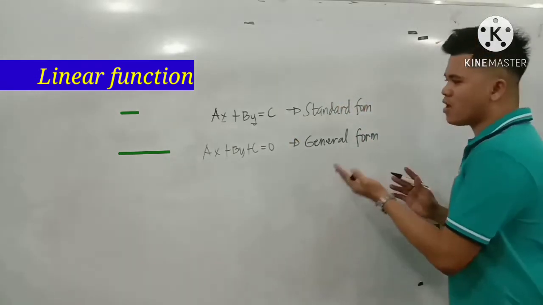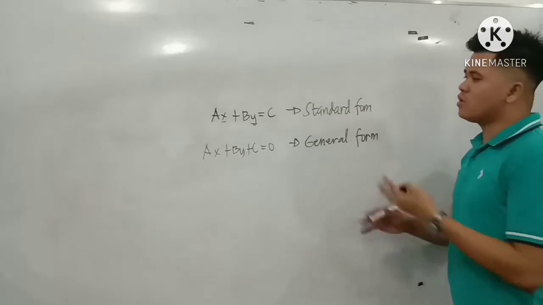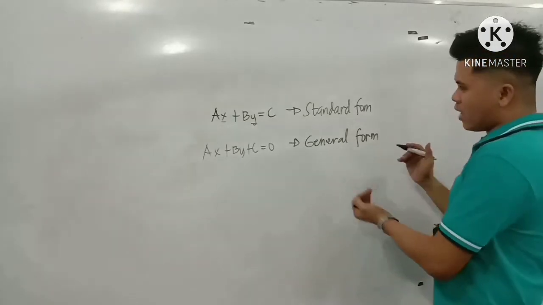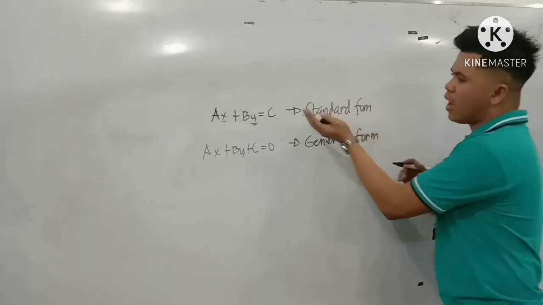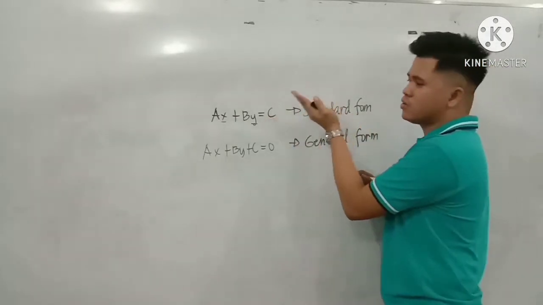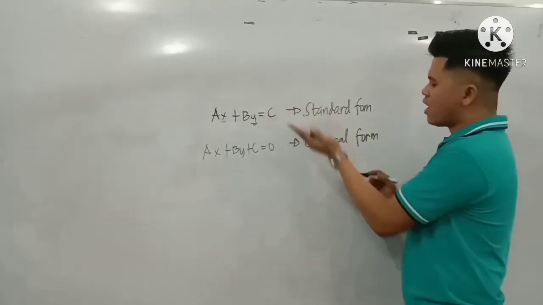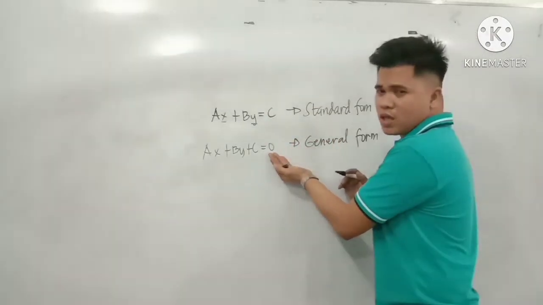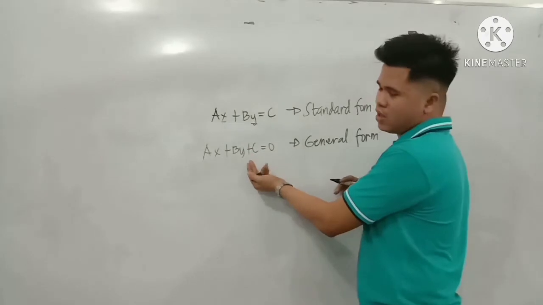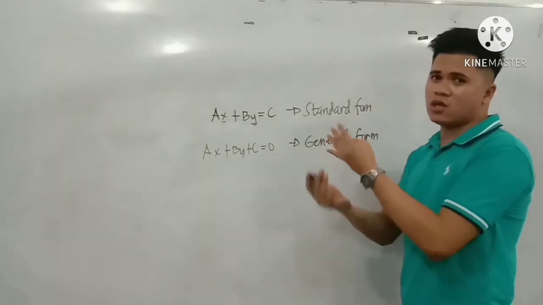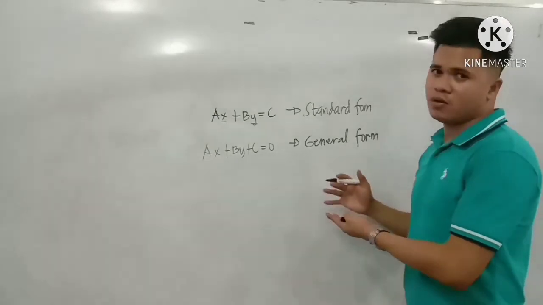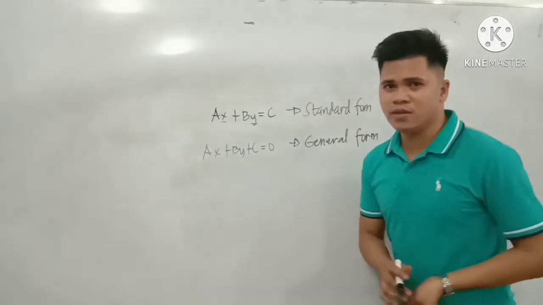You have to identify the difference between these two forms. Again, in the standard form, our constant is on the right side, whereas in the general form, our constant is on the left side, and 0 is on the other side. So I hope this is clear. Now let's move on.